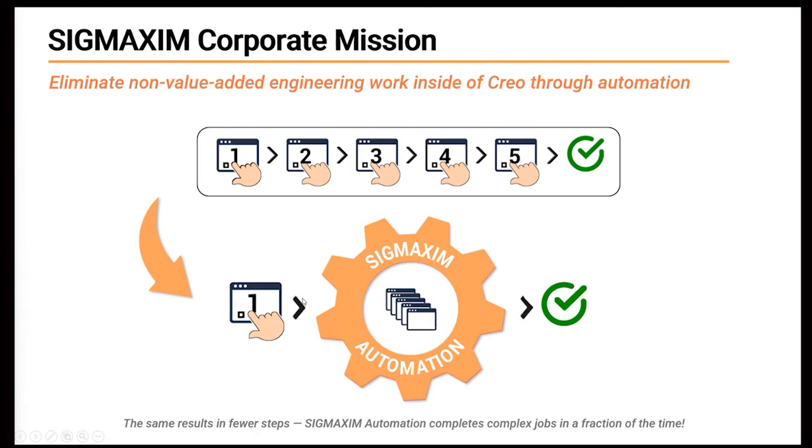What SIGMAXIM does is automation. The way to view automation is eliminating non-value-added engineering work in Creo. We look at things that take multiple steps to do, and we bury all that knowledge into an application that can do it automatically with fewer steps.